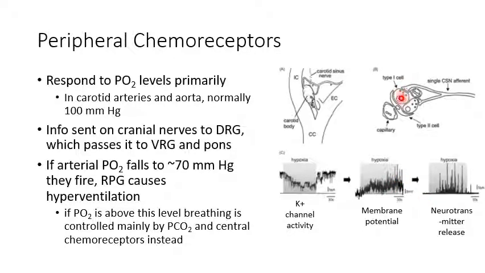These would be the type 1 cells, depolarizing and releasing neurotransmitter. So you can see these bursts of neurotransmitter released in the hypoxic condition. That transmitter is going to bind to receptors on this nerve, and then ultimately generate action potentials that go along the axon into the brain. Of course, you don't need to know that.